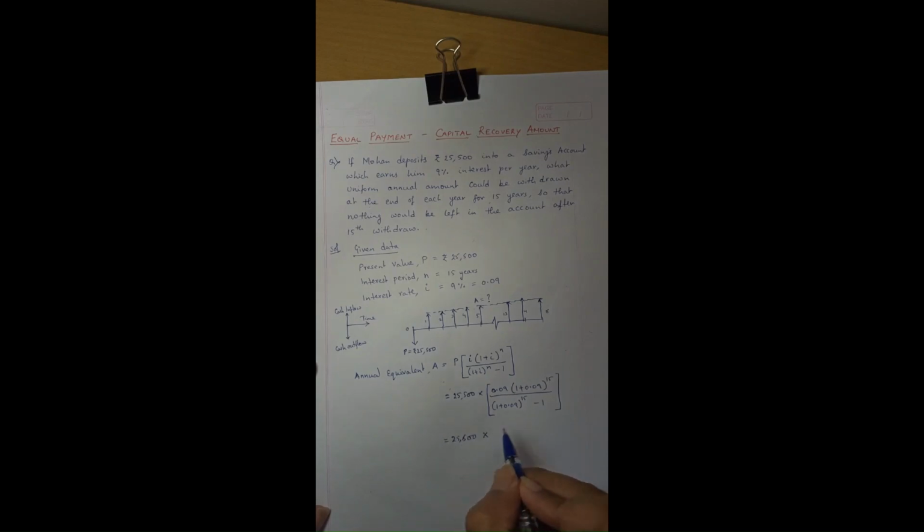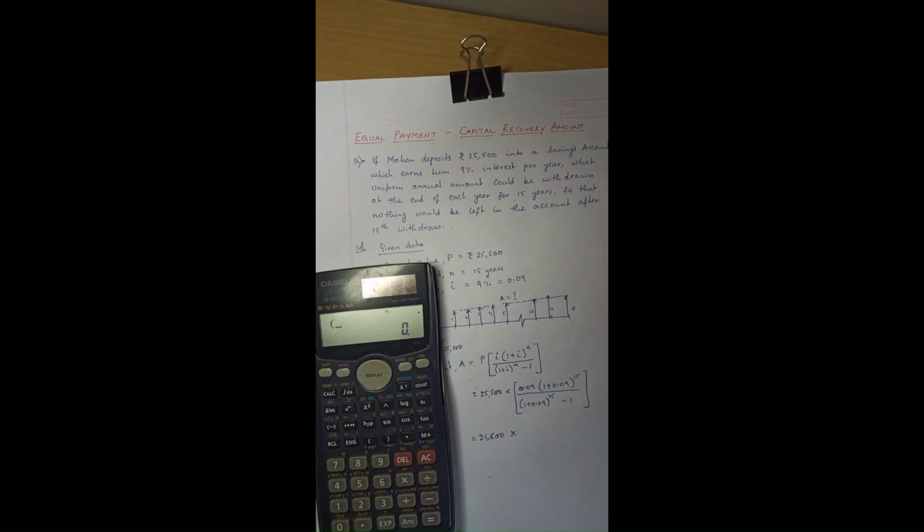Which is equal to 25,500 multiplied by, we'll solve this particular term and determine what is this value. 0.09 multiplied by (1 plus 0.09) to the power of 15 divided by (1 plus 0.09) to the power of 15 minus 1.